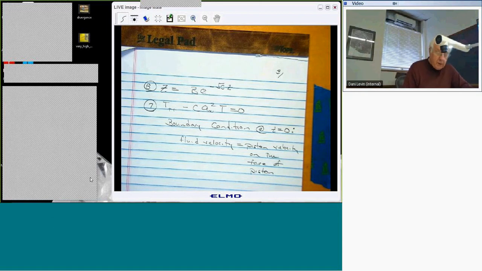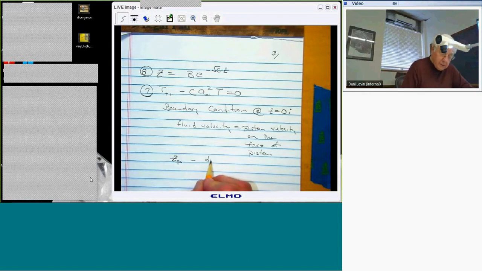So if Z sub P is the displacement of the piston, then Z P dot is the velocity, right?